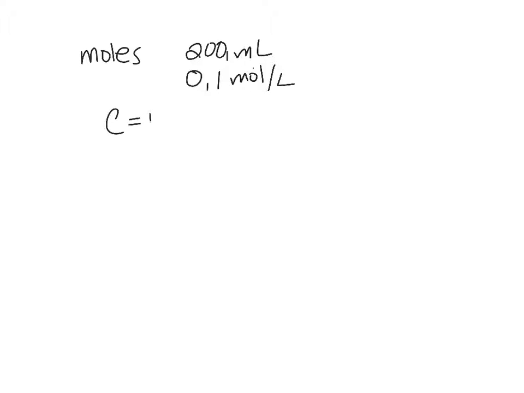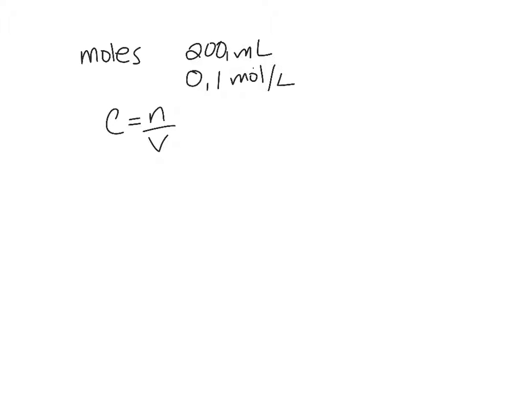What is the number of moles needed to make 200 milliliters of a solution with a concentration of 0.1 mole per liter? So this is the sort of way I use this more, is I figure out the mass that I need. So C equals N over V. So how do you find moles, given that that's your formula? Yovam?